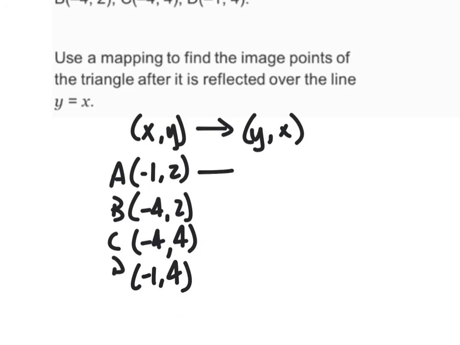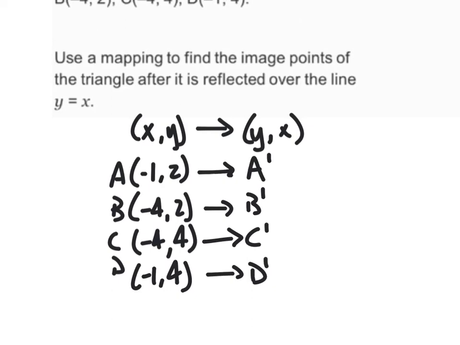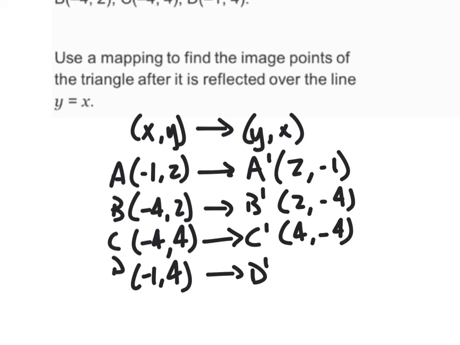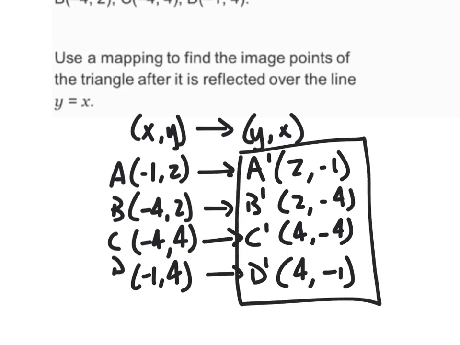And what we're going to do is we're going to find the points A prime, B prime, C prime, and D prime. Okay. And all I'm going to do is switch my X and Y values. And so this is going to give me 2, -1. This is going to give me 2, -4. This is going to give me 4, -4, and this is going to give me the point 4, -1. And that's all I'm doing. And these are my points that I'm looking for.